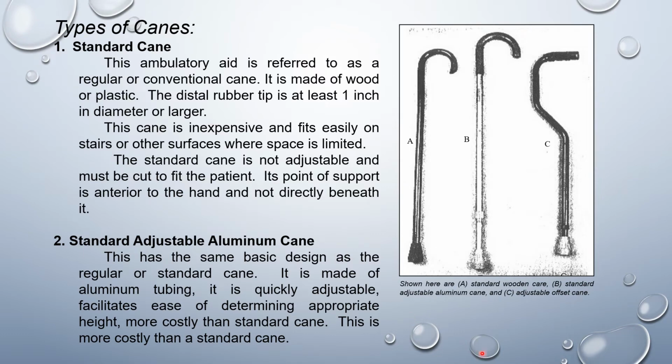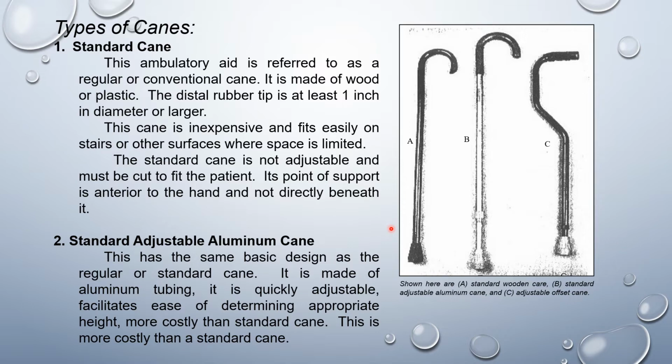So you look at it, the distal rubber tip is malaki po siya. This cane is inexpensive and fits easily on stairs or other surfaces where space is limited. The standard cane is not adjustable and must be cut to fit the patient. Its point of support is anterior to the hand and not directly beneath it.